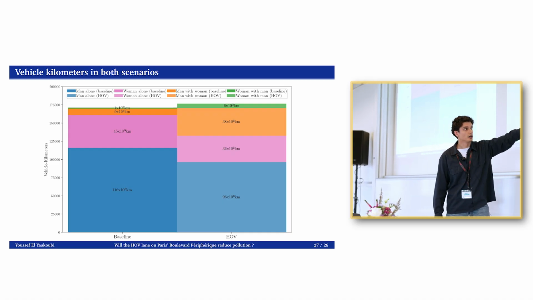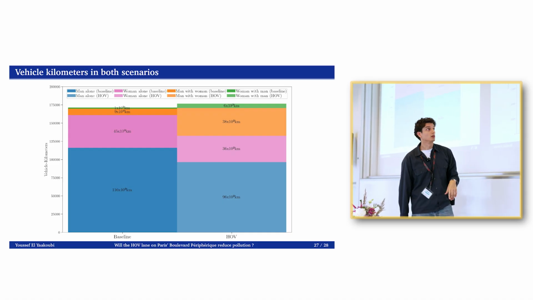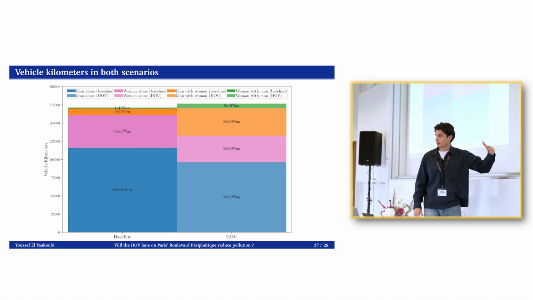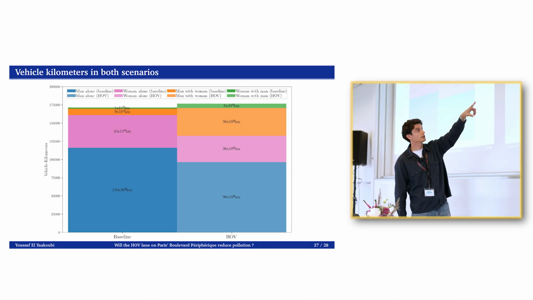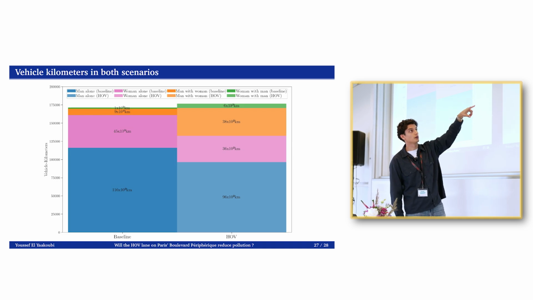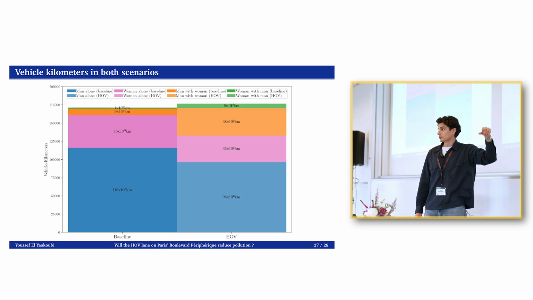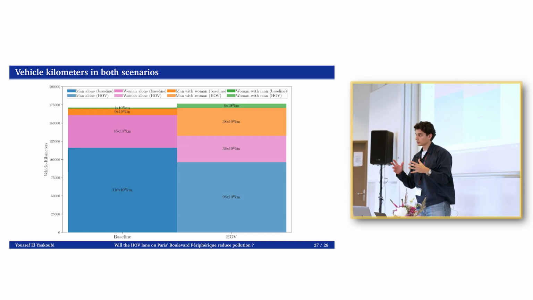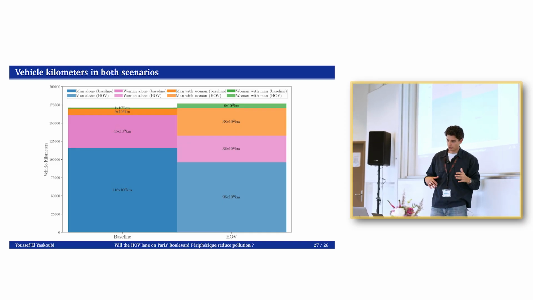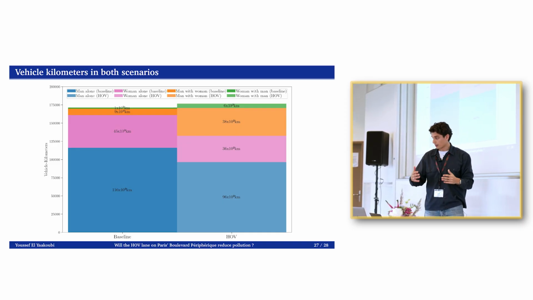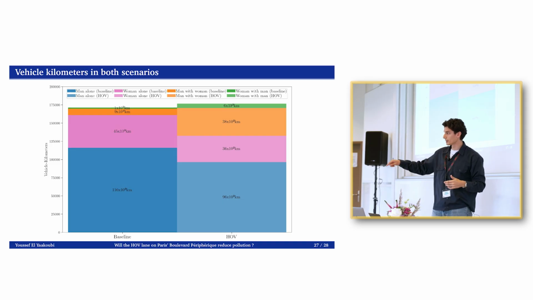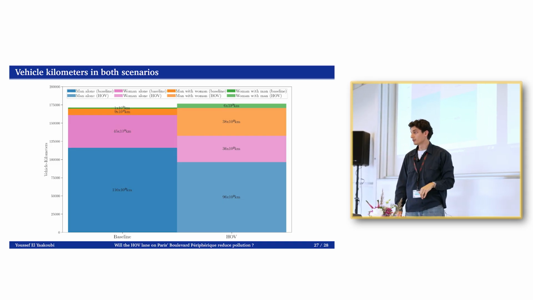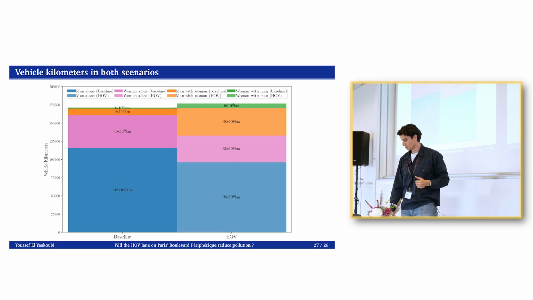So we can see that we are decreasing quite a lot the vehicle kilometers by these two modes, but we are increasing the vehicle kilometers from the carpooling modes. That's why it's interesting to analyze couples here, because when they are carpooling, one of them has to make a detour. So this detour will slightly increase the vehicle kilometers on the road.